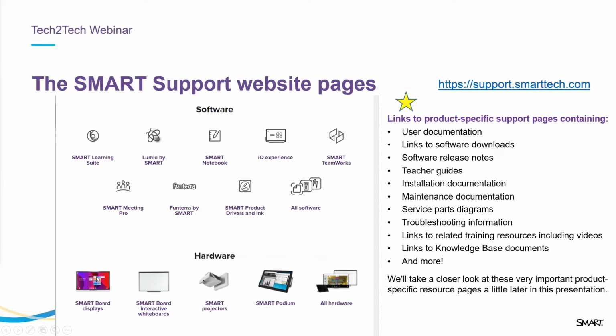And each of these product pages, we're going to take a closer look at later, but they contain a lot of important information, including user documentation, links to downloads, software release notes, which tells you what was fixed and what's new, teacher guides on how to use the product, installation documentation, which is proper ways to install it and connect cables and so forth in the case of hardware. Maintenance documentation.